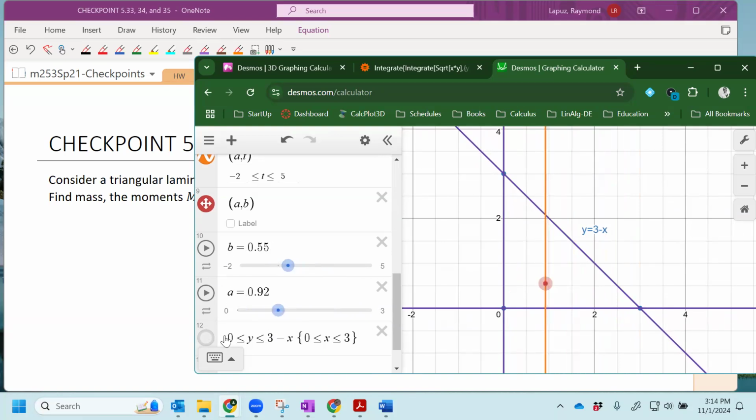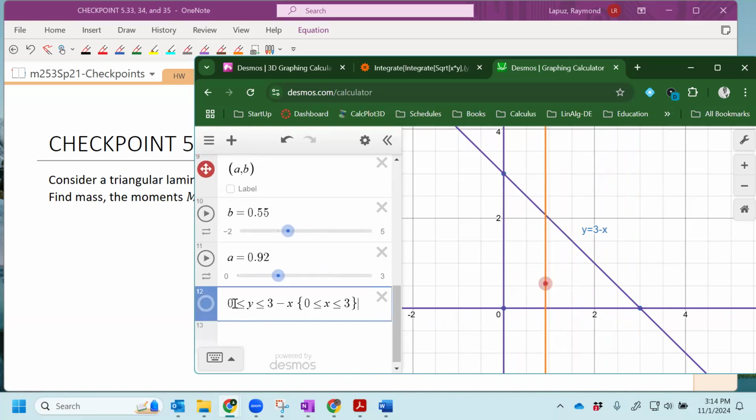It turns out that in Desmos, if you were to describe this region as a set of inequalities for y going from 0 to 3 minus x, and then a set of inequalities for x going from 0 to 3, we would actually be able to describe the region that we're intending on describing.